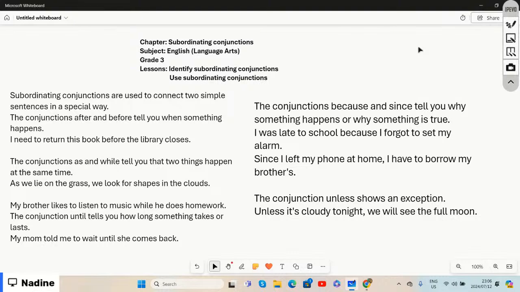All right. So when it comes to conjunctions, there are different kinds of conjunctions, but today we're going to be focusing on subordinating conjunctions. Conjunctions basically join words, sentences, or phrases, but different conjunctions join them in a different way.